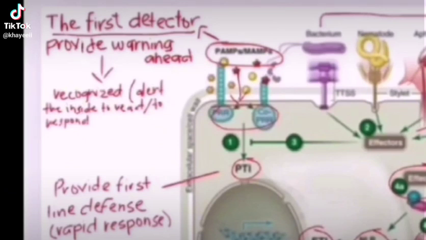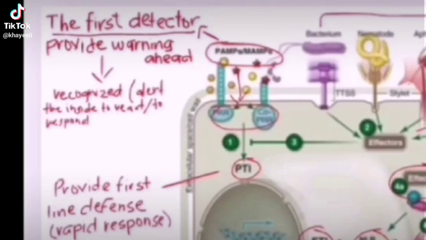The plant's immune system recognizes these PAMPs through specialized receptors called pattern recognition receptors or PRRs, which are placed underneath the PAMPs. This recognition triggers a rapid general defense response known as PAMP-triggered immunity (PTI).